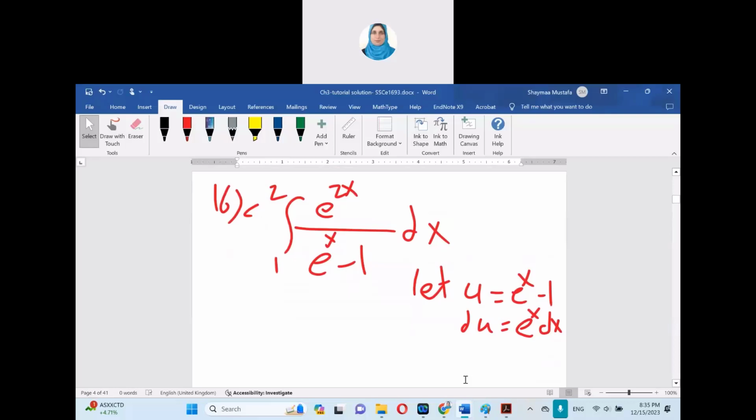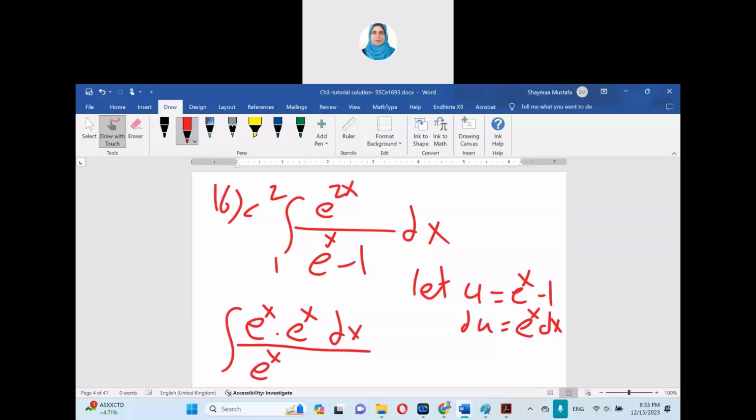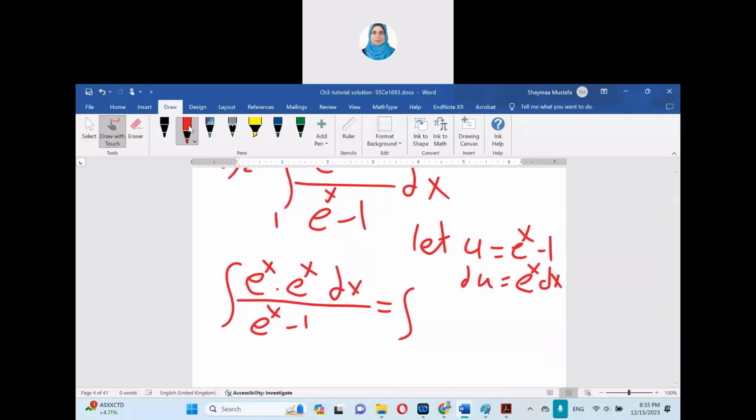So we have the integration here. Here we have e to x, which means e to x times e to x. So I will separate it like this, e to x dx over e to x minus 1. Now one of them, e to x dx, will be du.